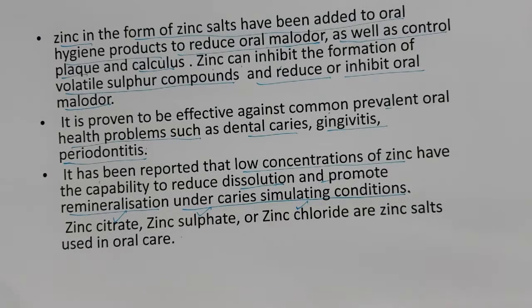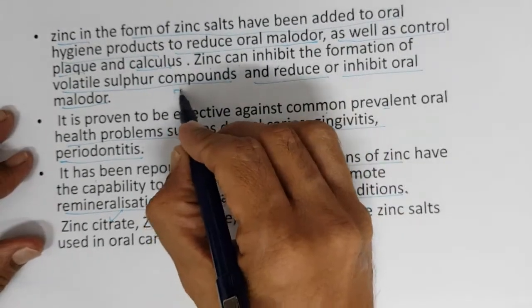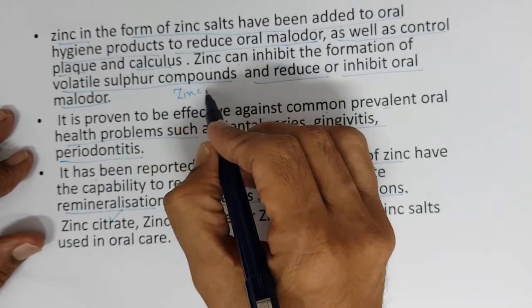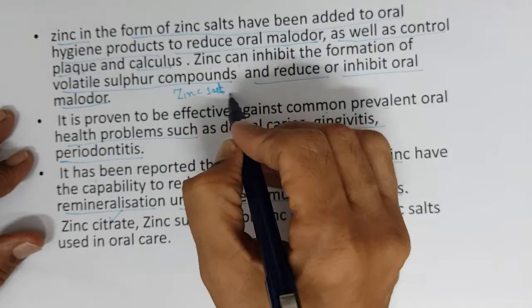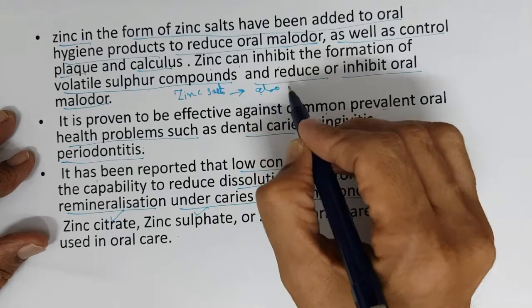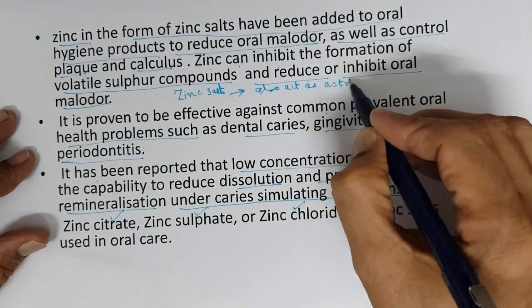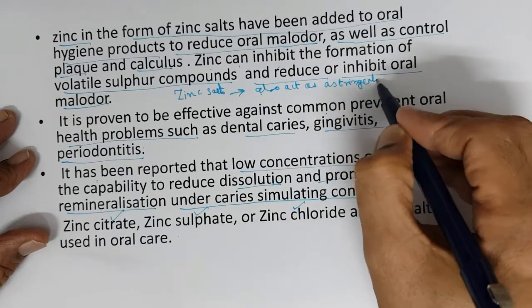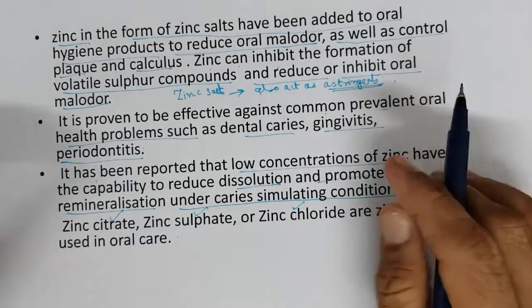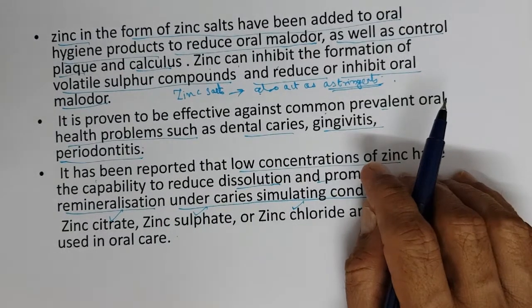Right, now what are the zinc salts? They also act as astringents for bleeding gums, right?